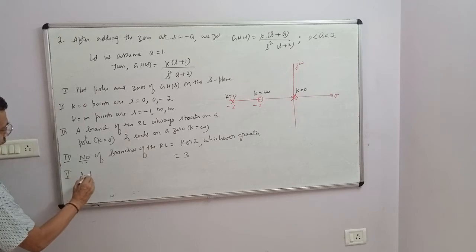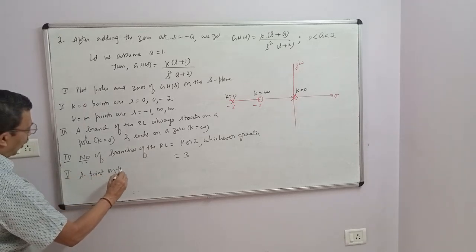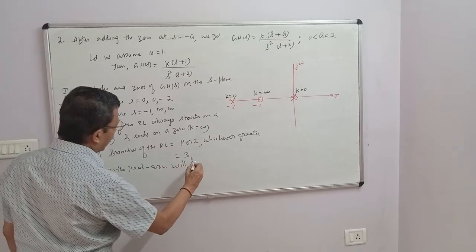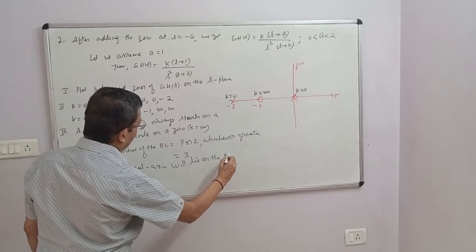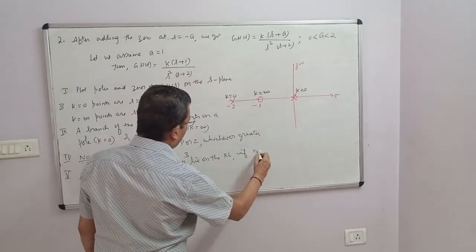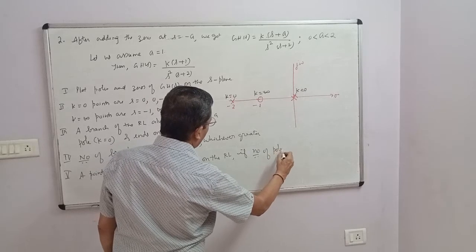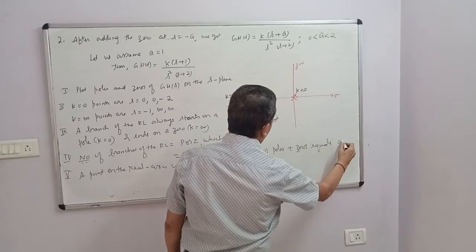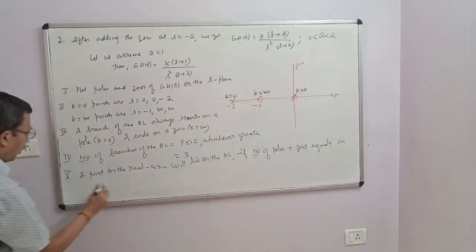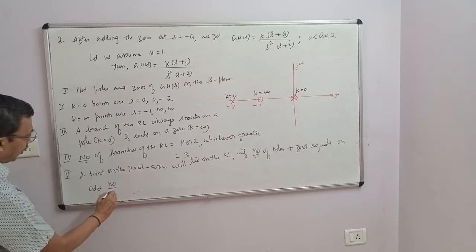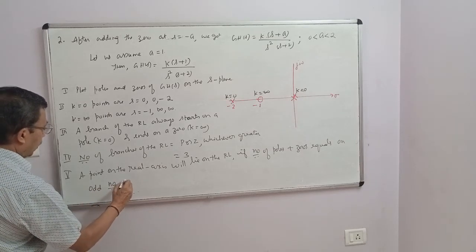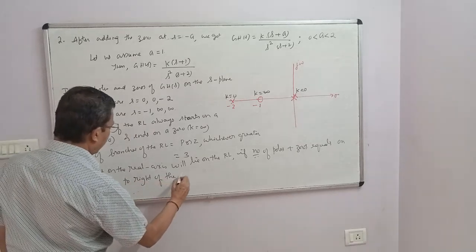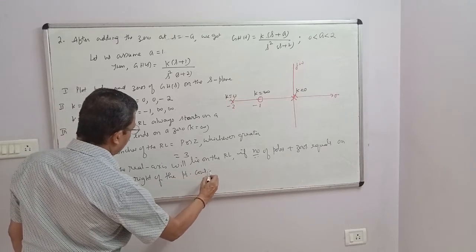Fifth step. A point on the real axis will lie on the root locus if number of poles plus zeros equals an odd number to the right of the point considered.